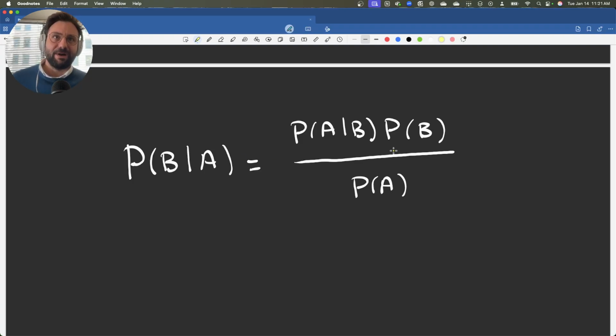And also I invite you to read this formula the same way for the use case that you're working on. So we mentioned a prior probability, strictly speaking, of B, the thing that I would like to measure.